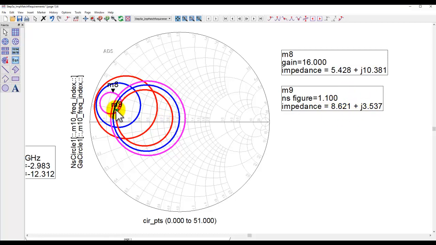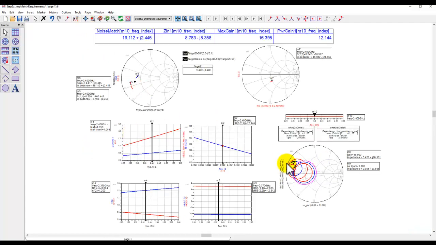Or there's another crossing point right there, 9.3 plus J7. Around that zone, if you match your input impedance, you will get a good noise figure as well as gain. So that's an alternate way of doing it, two popular ways of managing this.